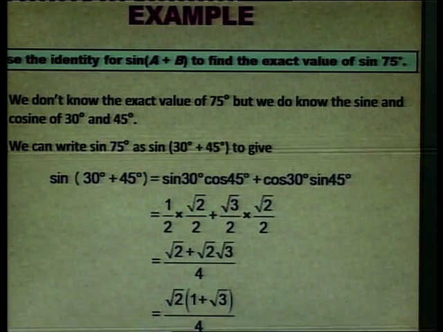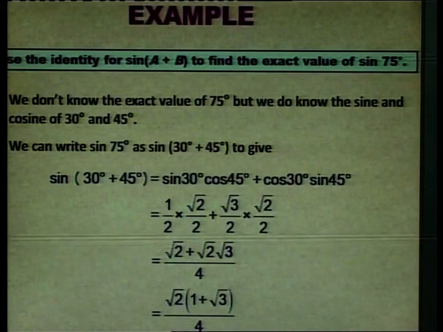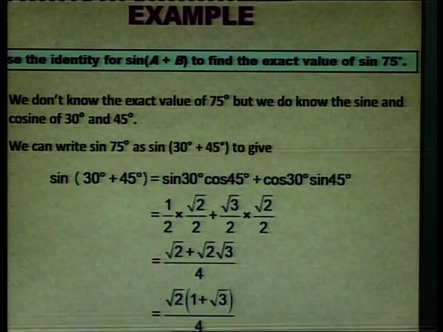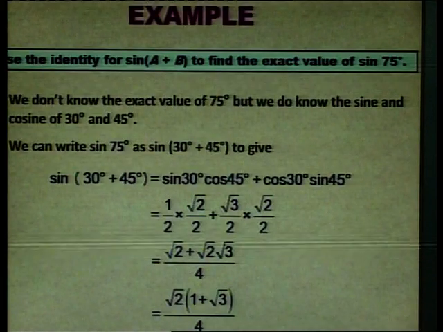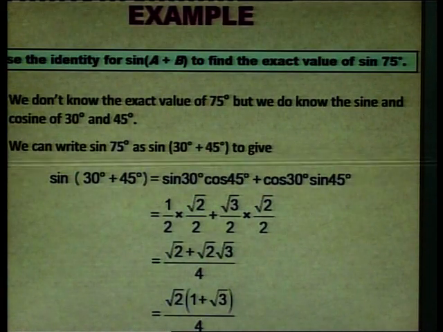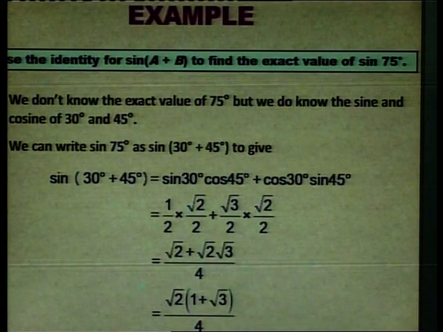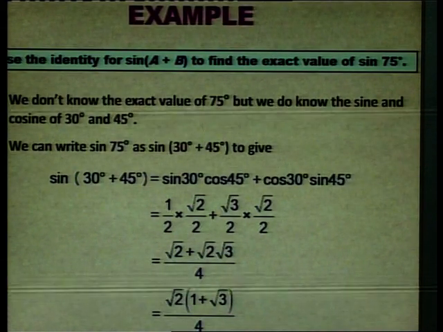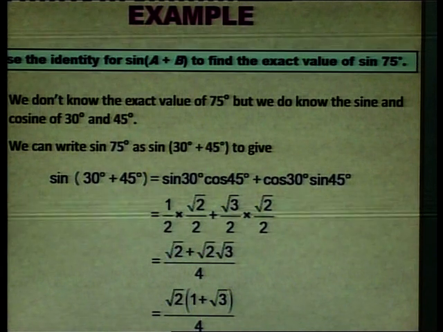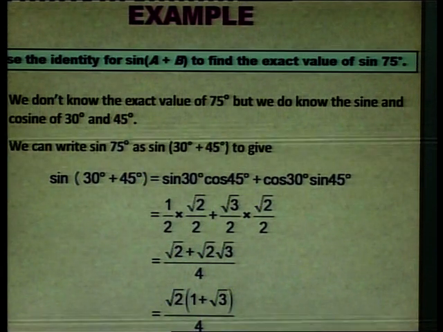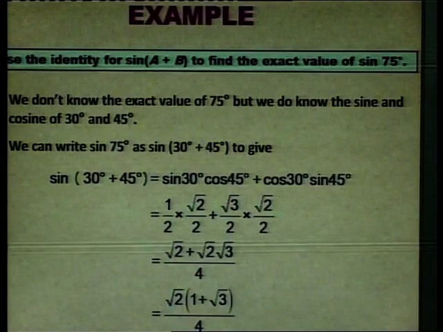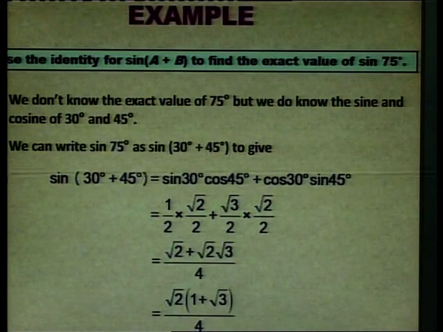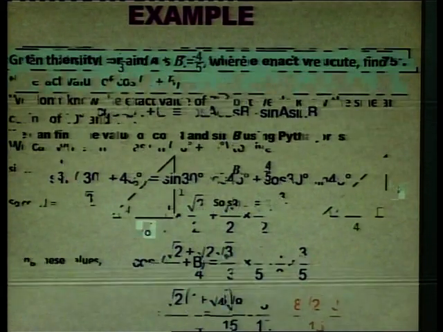So, I have written 1/2 into √2/2 plus √3/2 into √2/2, and I can take √2 common. This turns out to be simply √2(1+√3)/4.